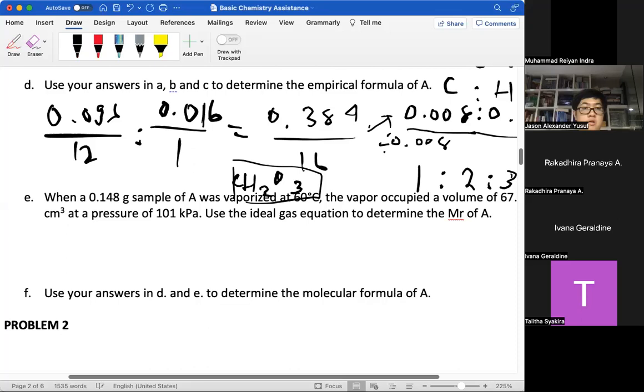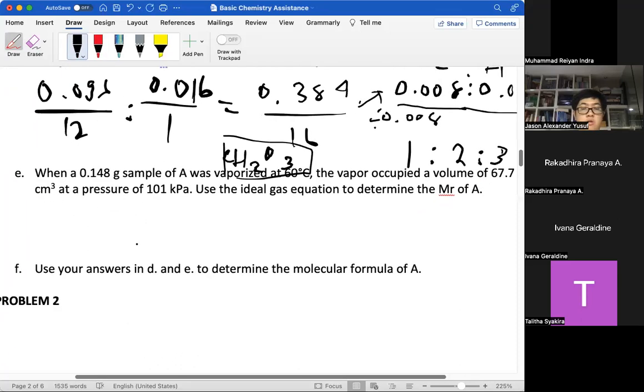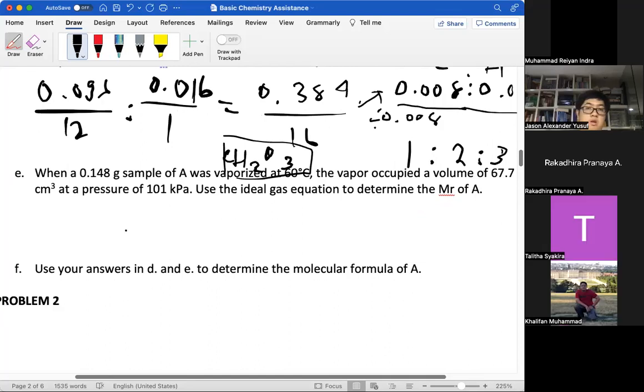For this one, it's about the ideal gas equation to get the MR. So first of all, let's write down the ideal gas equation: PV equals nRT.